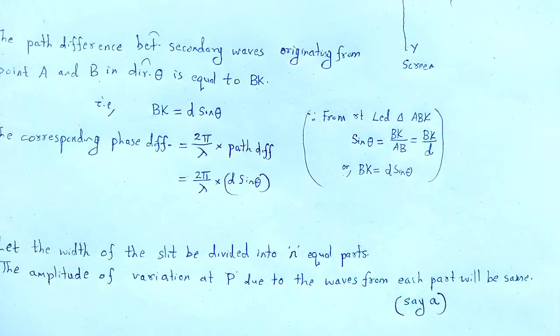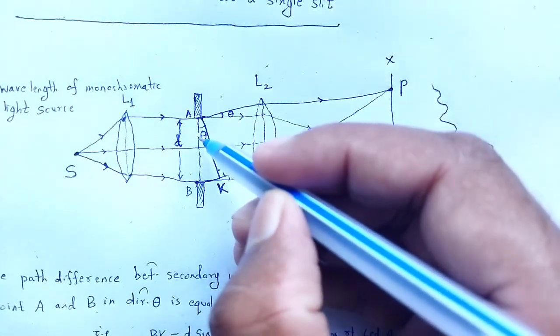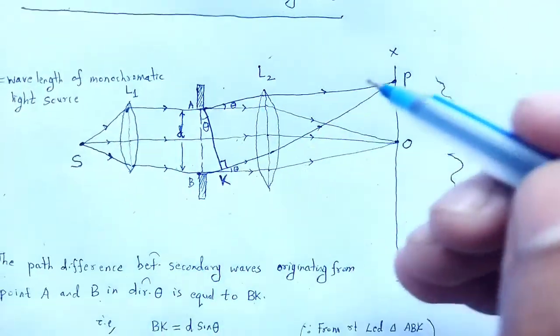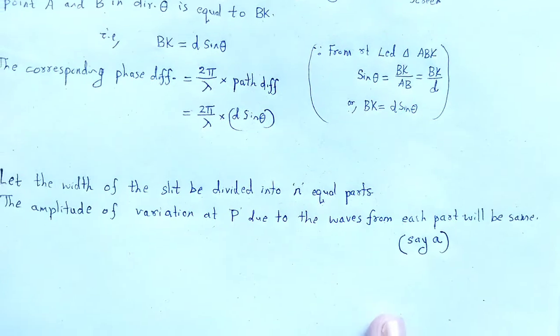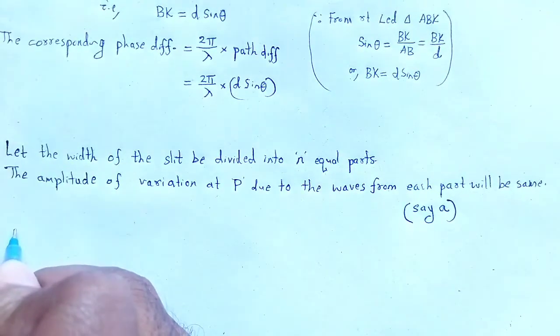So, if we pick any two consecutive parts, what will the phase difference be?